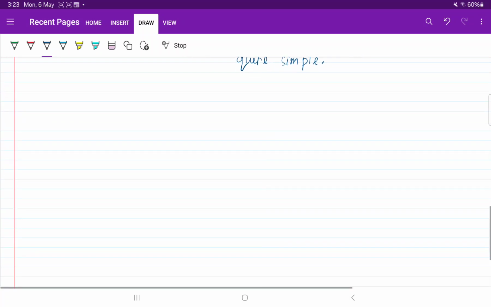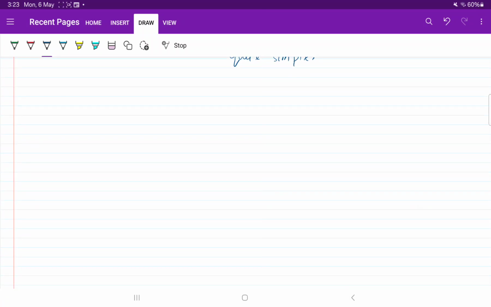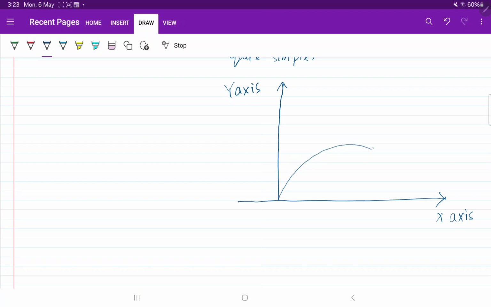Before going through all the derivation, let's again draw the projectile. This is the x-axis, this is the y-axis, and it is projected with some initial velocity u.